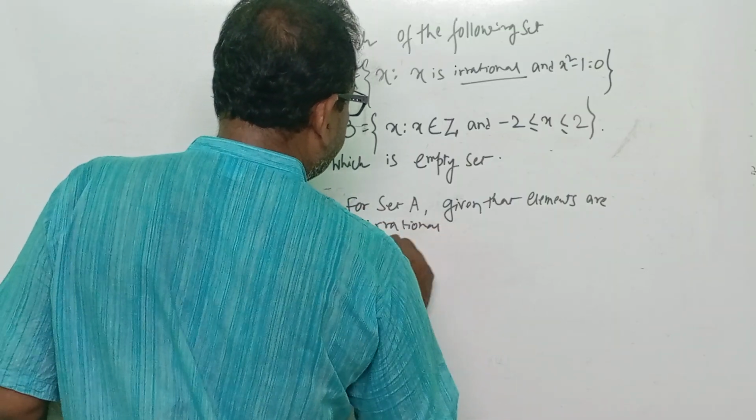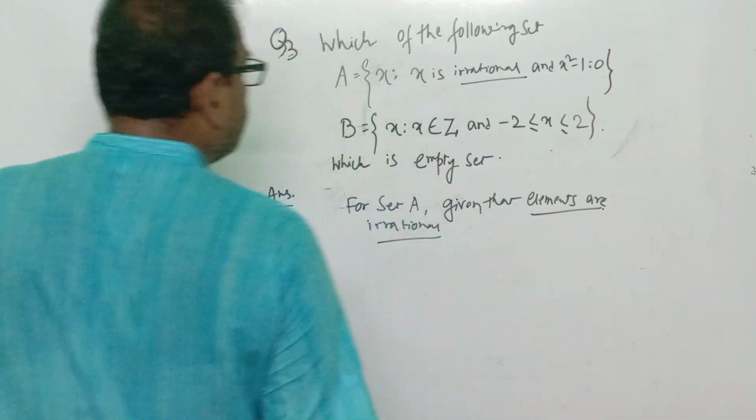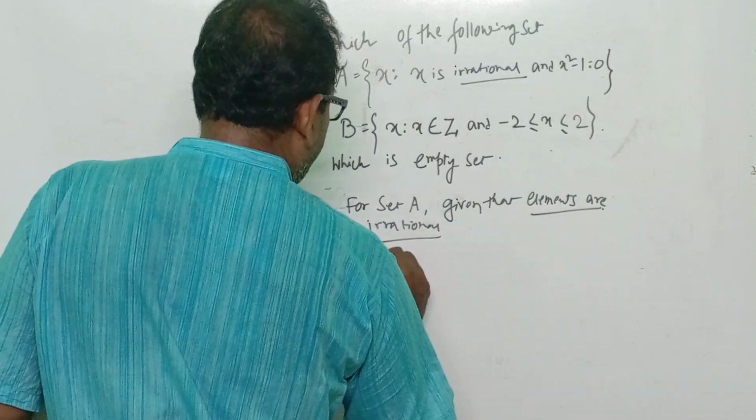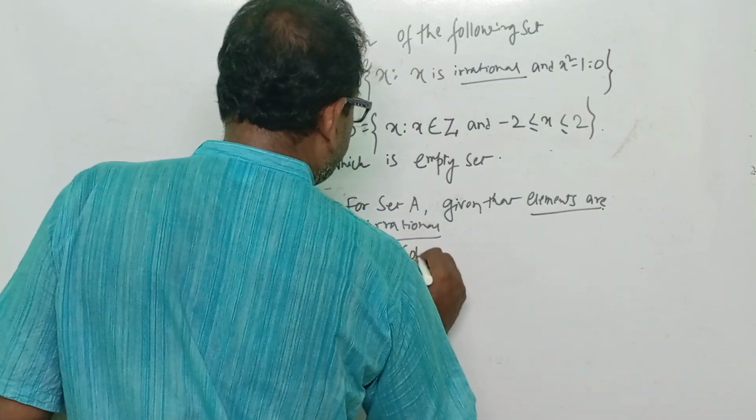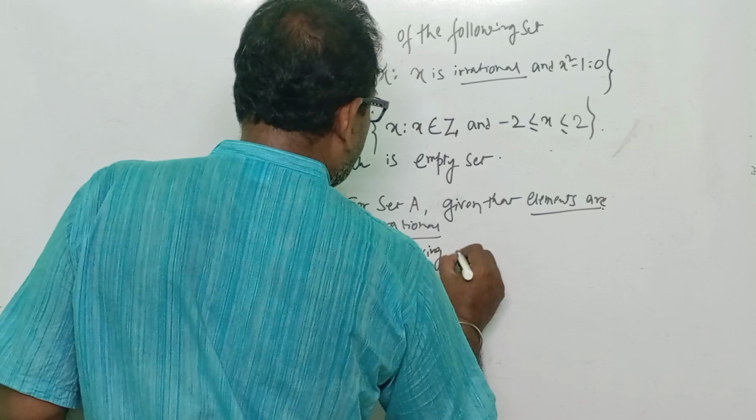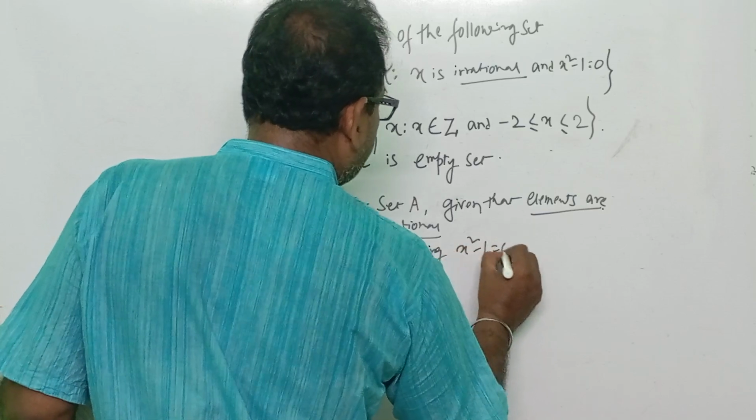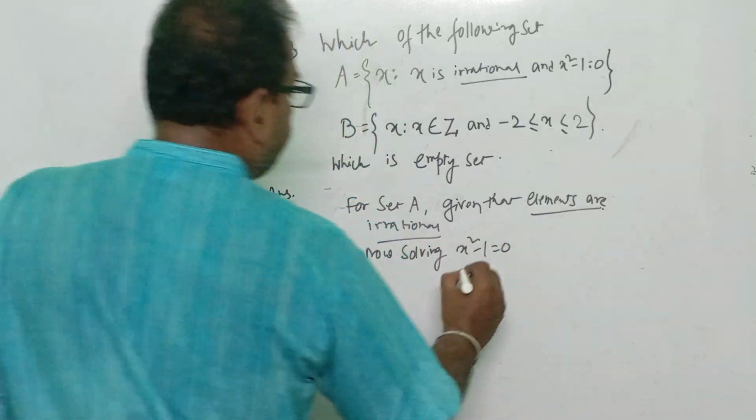Clear? Now solving x square minus 1 is equal to 0.